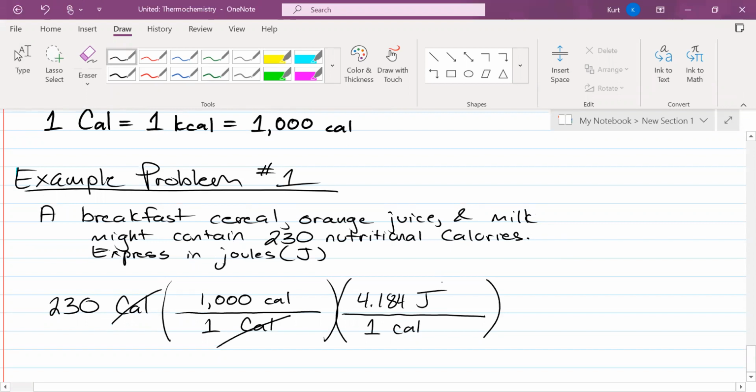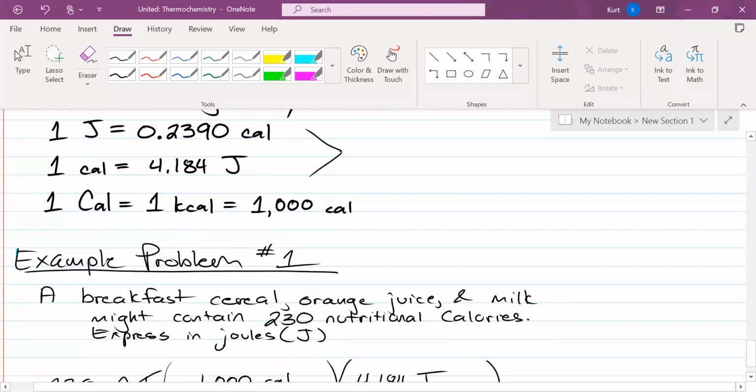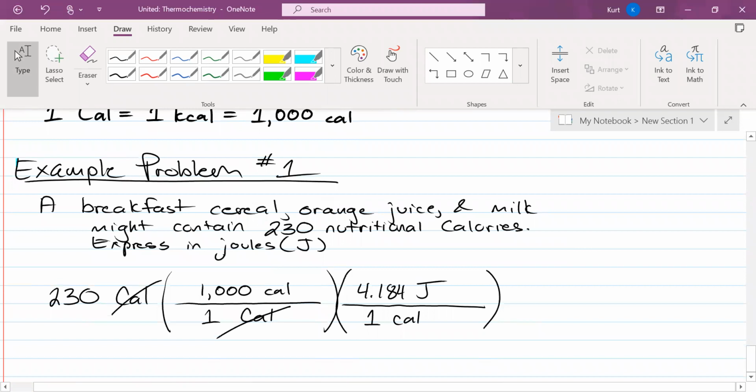If you put 0.2390 calories on the bottom and 1 joule on top, that is okay. All right, let me do my calculation here. 230 times 1,000 times 4.184. What did you all get?